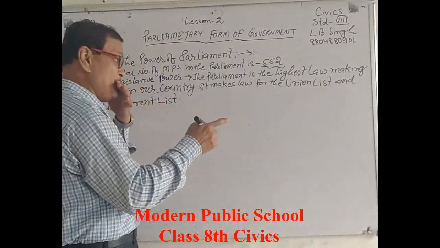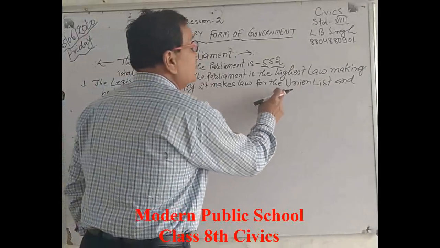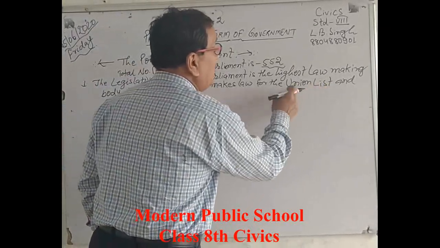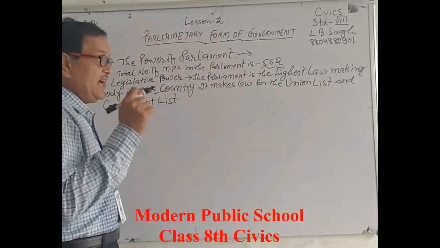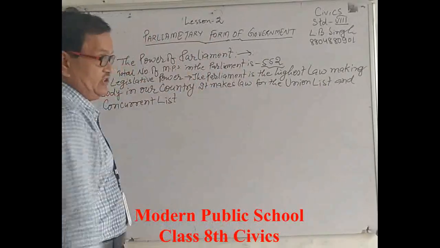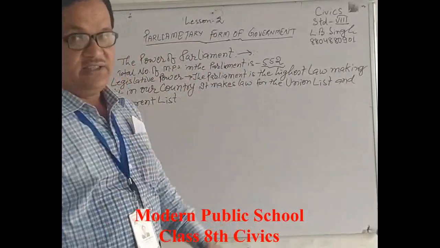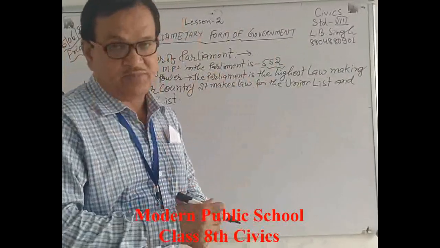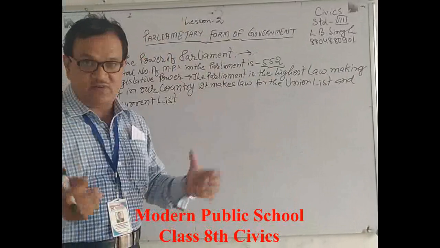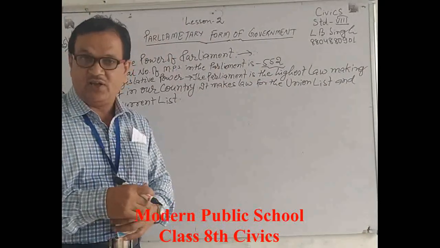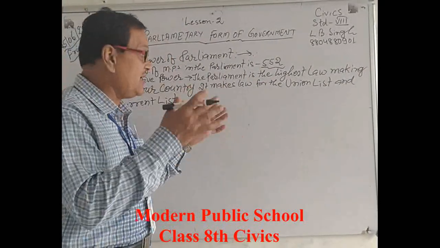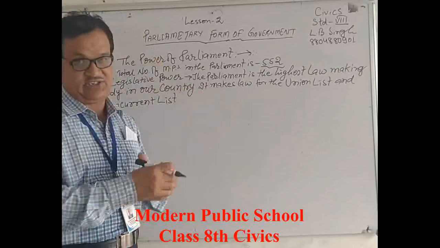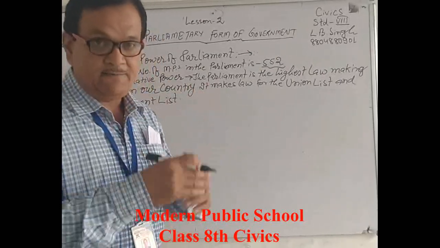The list on which the union government, that means the central government, works is called the union list. Do you know this thing? The security of the country, education of the country, medical facilities of the country, all these come under the union list.